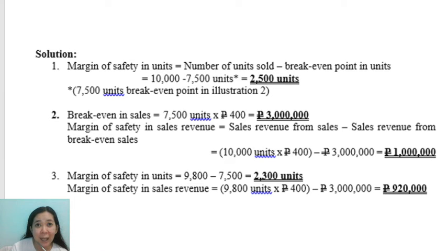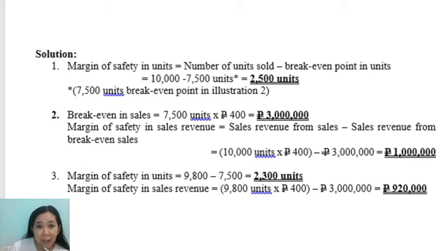Based on the data, our number of units sold is 10,000. Our break-even point in units, which we determined in the previous illustrations, is 7,500 units. So our margin of safety is 2,500 units. By the way, the break-even point in units was determined in illustration number 2.